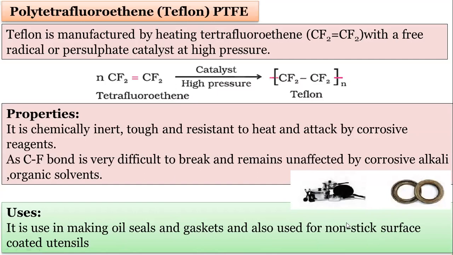As they have the property of being non-corrosive, these are used in the automobile industry also. These are used for making utensils also. And one important use is making oil seals of the automobiles and gaskets, which are present in the automobile engines.